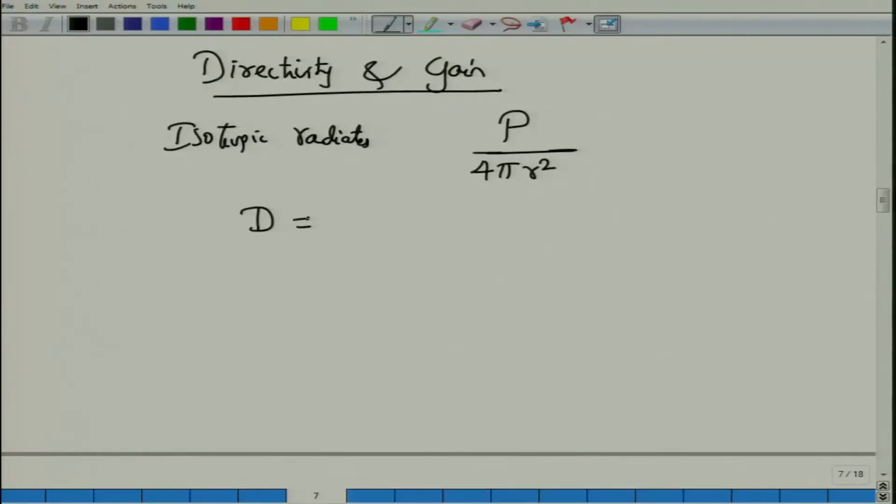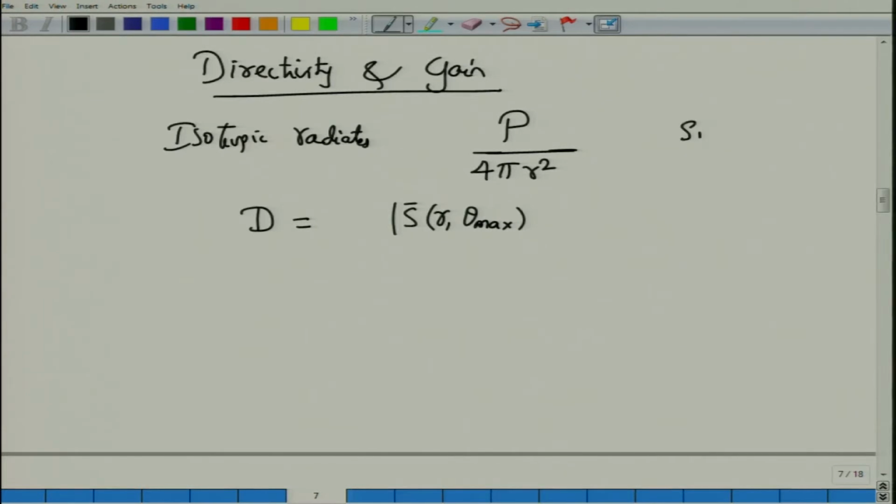And when you talk of the directivity of an antenna, you compare your antenna beam pattern or antenna power pattern, find the direction at which the maximum energy is radiated, and divide that by the isotropic radiation. That is, the directive gain of an antenna, sometimes called the directivity, is the magnitude of the time averaged Poynting vector at a given radial distance r from the antenna where it is maximum, divided by the isotropic radiation density.